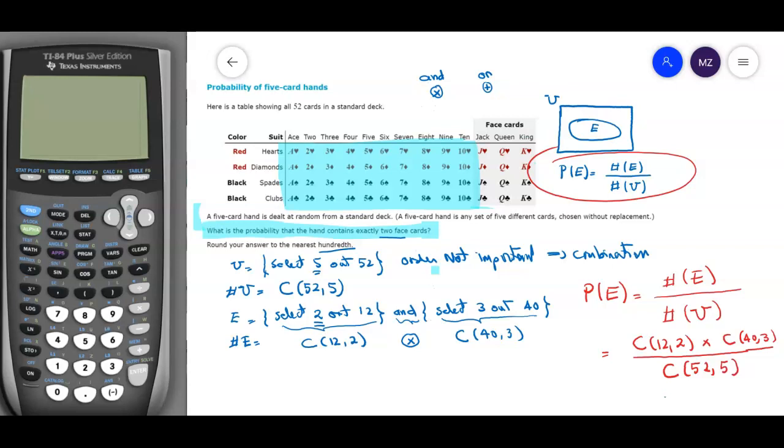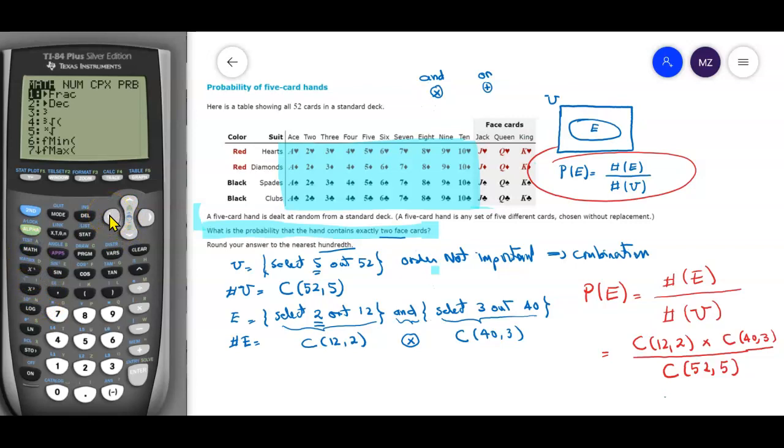So how can we do this in the calculator? We're going to try to do everything in one step. First, let me show you where the combination is located. The combination is under Math, and then you have to go to Probability, and scroll down to number 3, which is nCr. How can I type that formula? First of all, I type 12, and then I go to Math, then Probability.